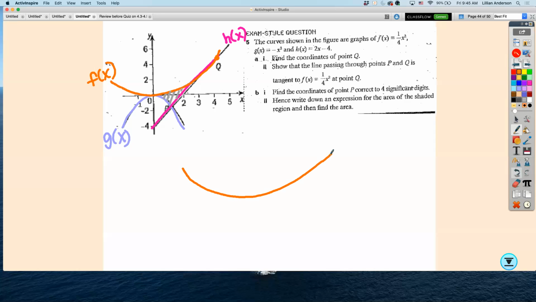I have the quadratic. And then I have the line. Can everybody see? Well, first off, they intersect here at 0. So from 0 and moving to the right, which curve is on the top? F of x.